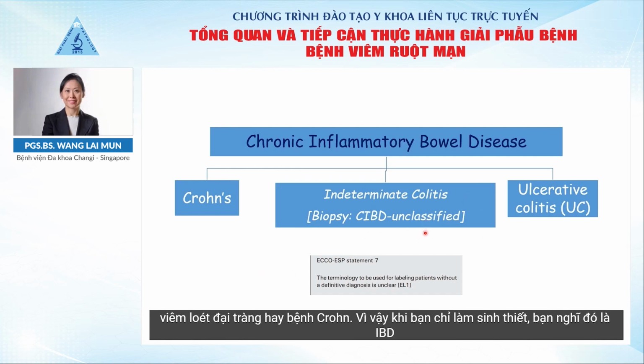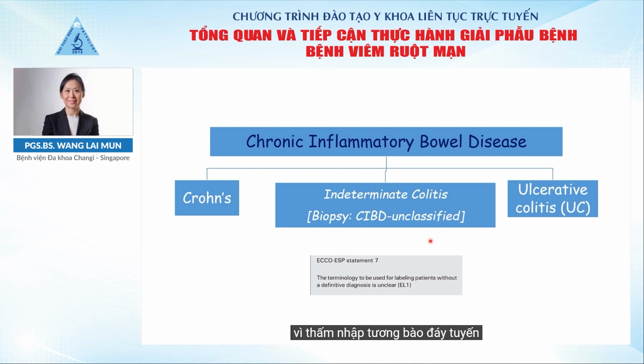But if you only have biopsy, you think there's IBD because there's basal plasmacytosis, but there isn't enough to decide whether it is ulcerative colitis or Crohn's, you should use the term IBD-U, or chronic inflammatory bowel disease unclassified.